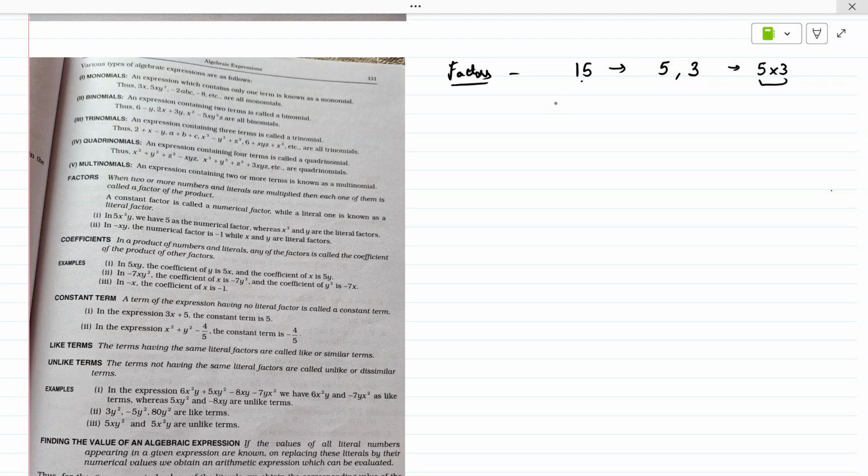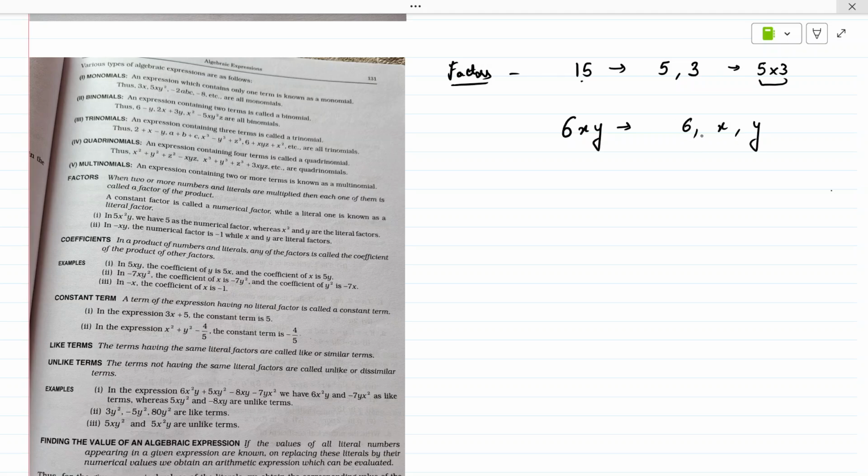Similarly, in the case of algebraic expressions, when we have numbers and literals which are multiplied with each other and we get a product, we have number factors like this and we also have literal factors. Example, I'm taking 6xy. If I'm taking 6xy here, then the factors will be 6, x and y, because if I multiply these three, I will get this.